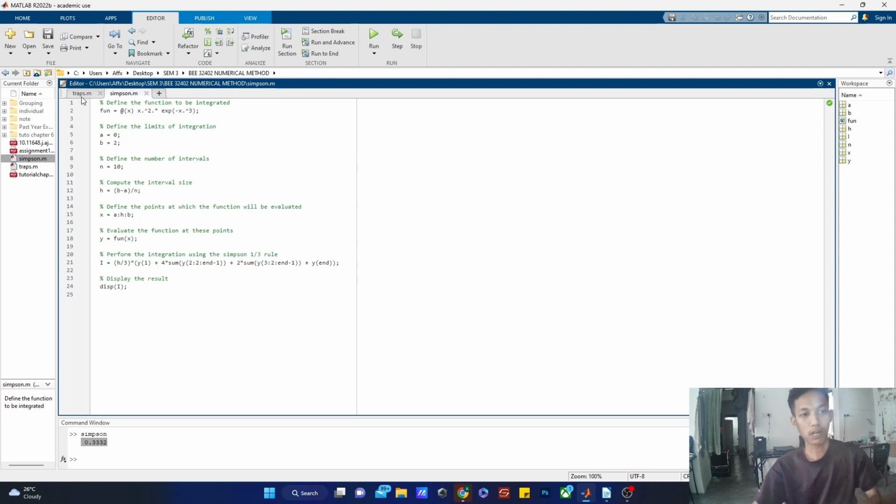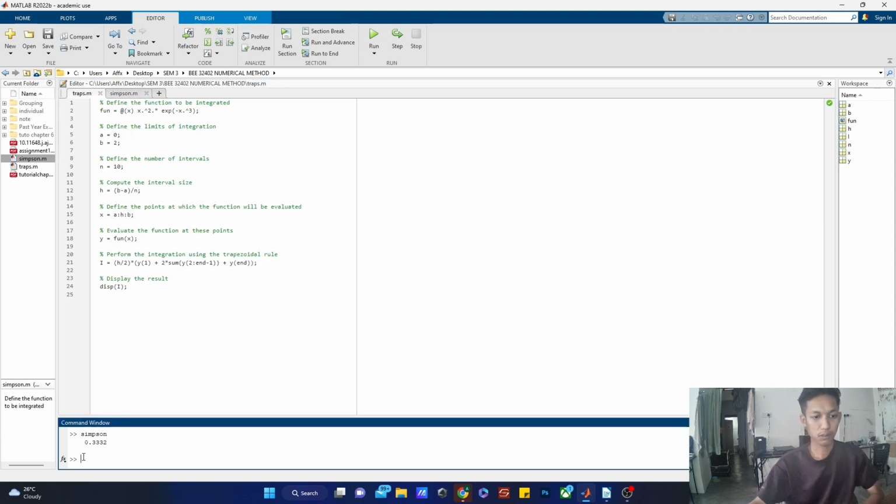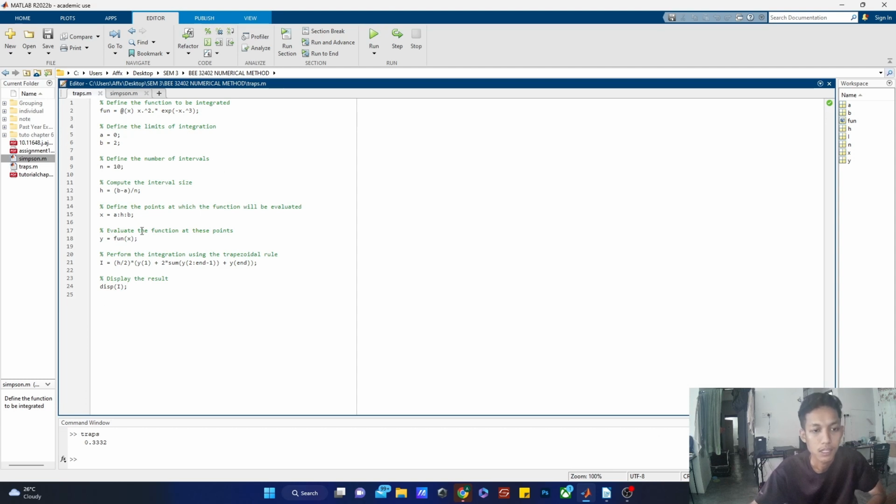So I'm going to run the trapezoidal one. Our final answer for the trapezoidal is also similar to the manual calculation, which is 0.332. So there is no actual error when compared with the manual calculation.